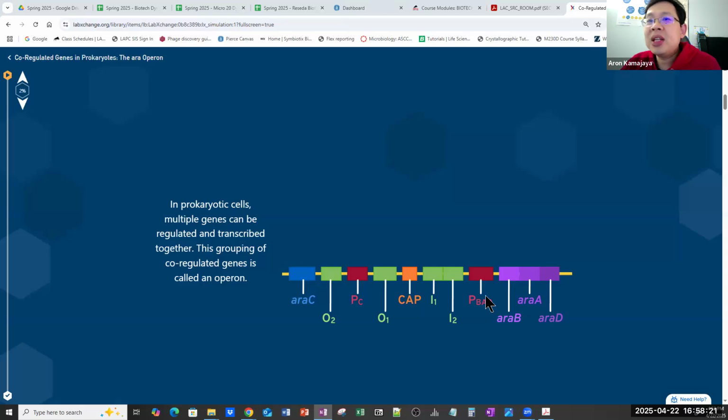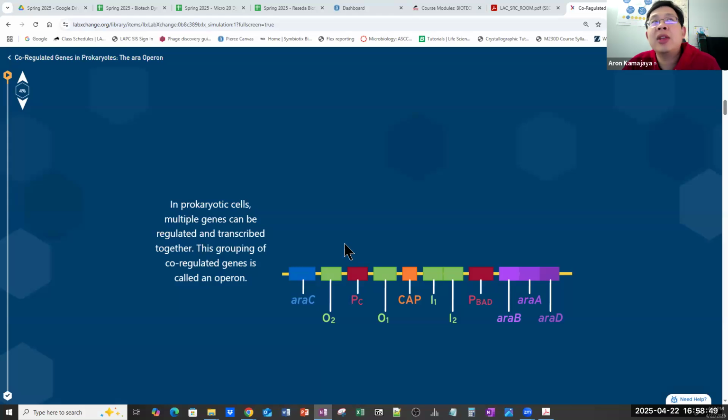Okay. The idea of the operon is that you want to establish a molecular switch, so that when a condition is met, your product behind that promoter will be expressed, the gene expression will be turned on. So what is that condition? That condition will be the presence or absence of a particular molecule.